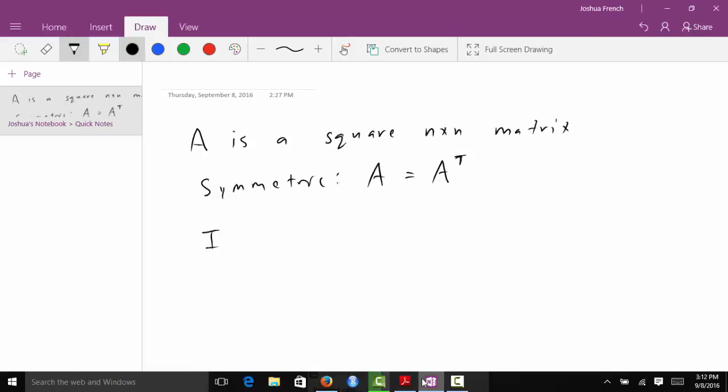And then idempotent, which I always think is a really cool describing word, means that A times A equals A. And so we want to show that I minus H is symmetric and is idempotent. So what I want you to do is pause this lecture and try to work through this on your own, and then we will show that I minus H is symmetric and idempotent to make sure that we are all on the right track.